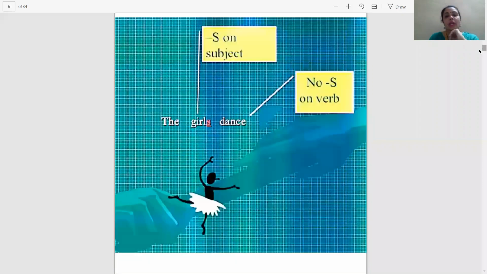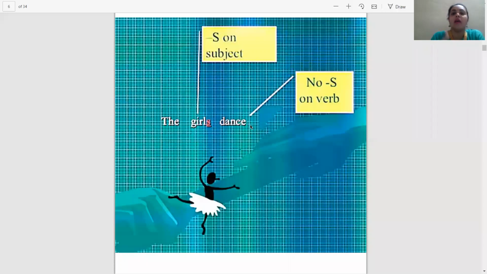Okay. Now the next slide. What does the next slide say? Look at the positioning of s here. Now here s has shifted to the subject. S is on the subject. That means the subject has become more than one, plural. That is why the verb has come without s.